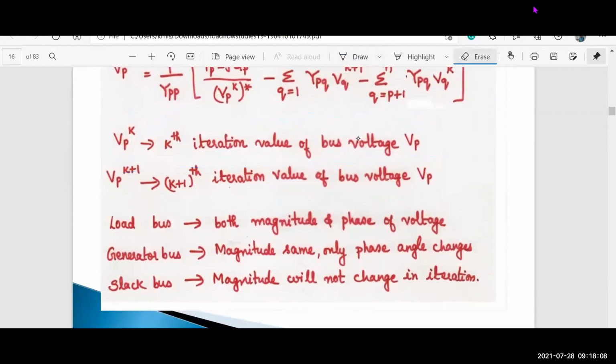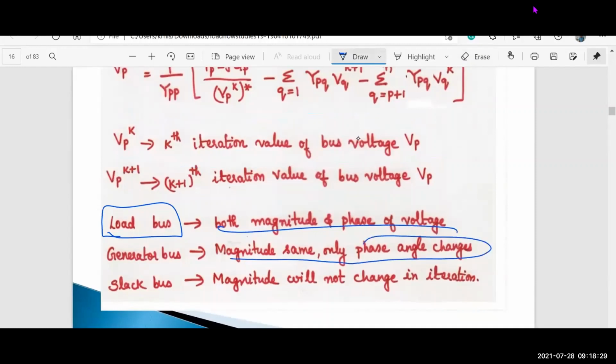Fine. Now let's see this. Load bus: both magnitude and phase of voltage change. Generator bus: magnitude same, only phase changes.